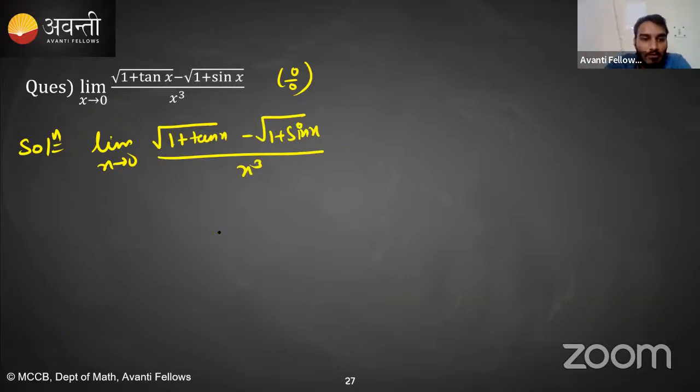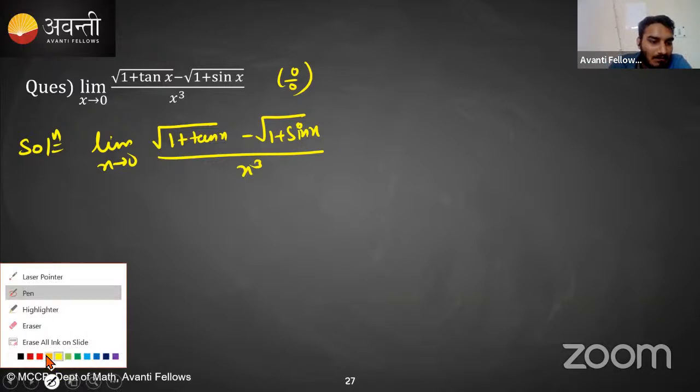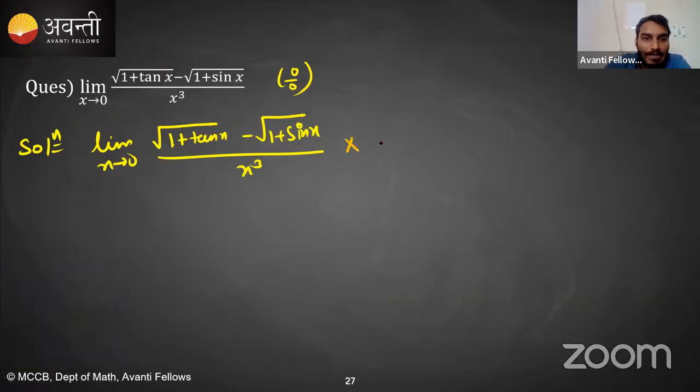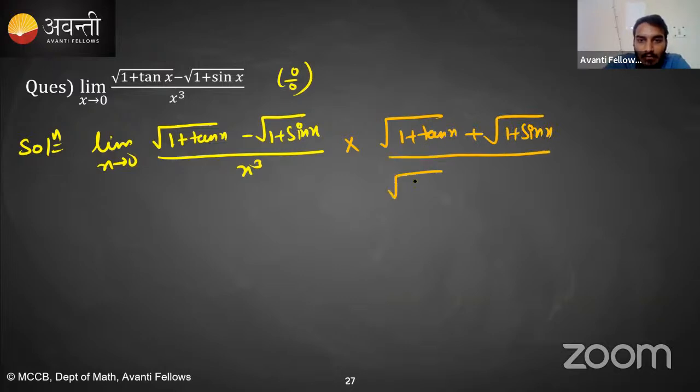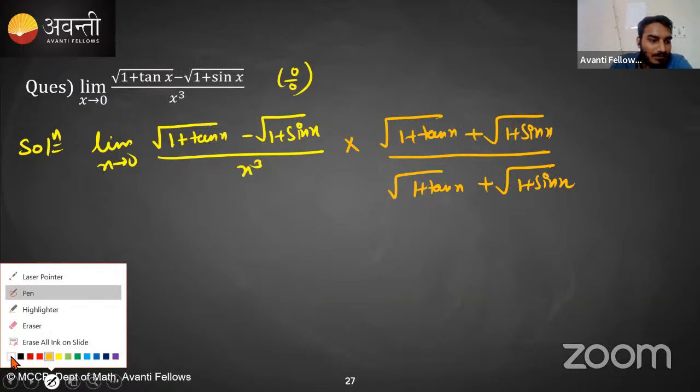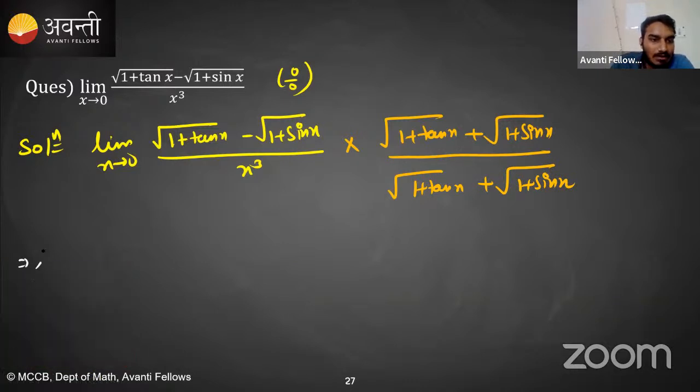Now multiply and divide with under root of 1 plus tan x plus under root of 1 plus sin x, divided by under root of 1 plus tan x plus under root of 1 plus sin x. Clear? So this can be written as limit x tending towards 0.